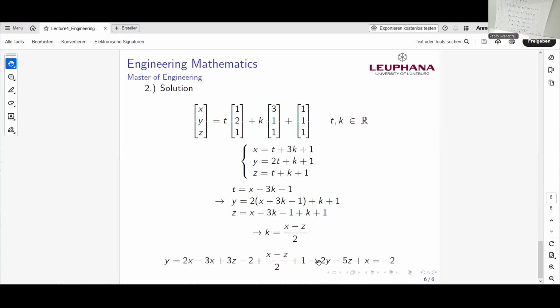If I give you this plane, and I ask, please verify that this plane is generated by vector 1, 2, 1 and vector 3, 1, 1. Try to think about it. Next week we will discuss together.